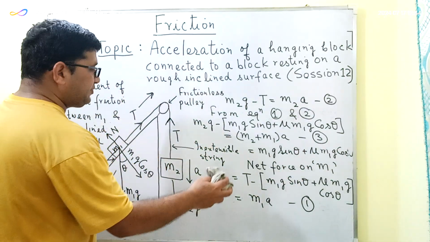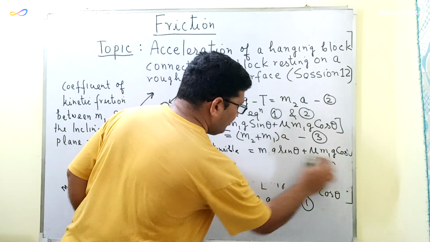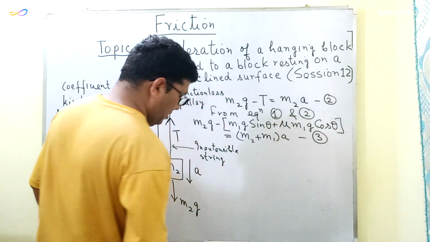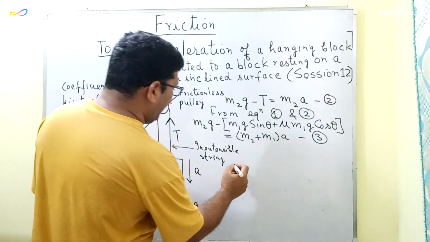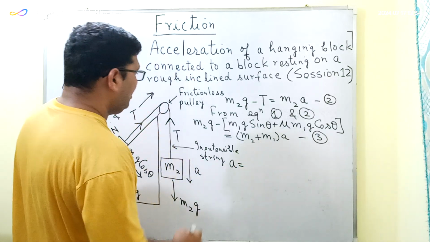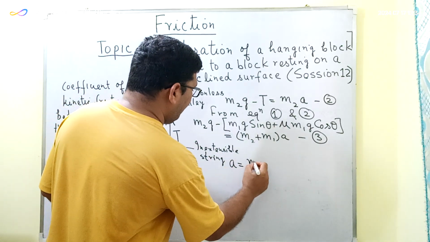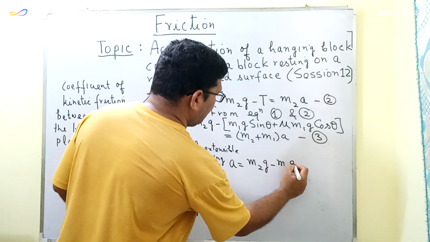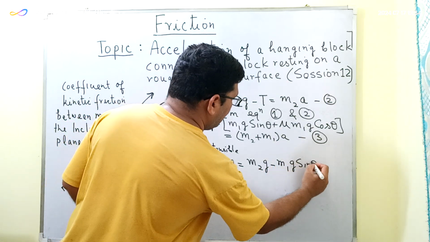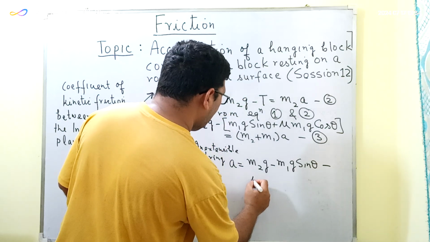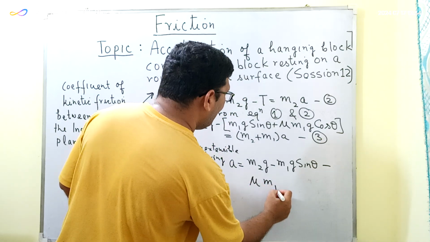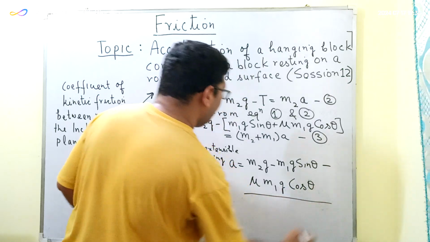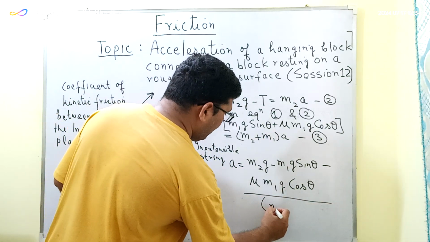So from equation number 3, I can find the value of acceleration a as m2g minus m1g sin theta minus mu m1g cos theta divided by m1 plus m2.